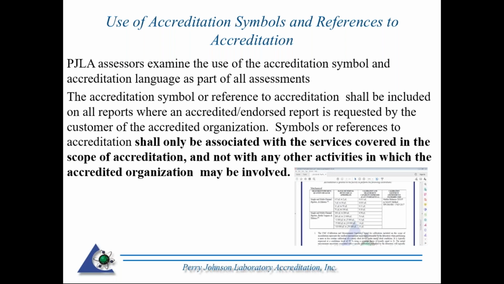If, for example, there are other things that the lab does, and I was on the other side of the table for quite a few years and was accredited by different organizations, and we had things on our scope that were under our accreditations. However, there were things that we did that we did not support by having them accredited. In that case, if that's not on your scope, it's something that you cannot associate the accreditation with. So this pipette organization cannot do a report, say, on a laboratory balance if that's not part of their scope of accreditation.